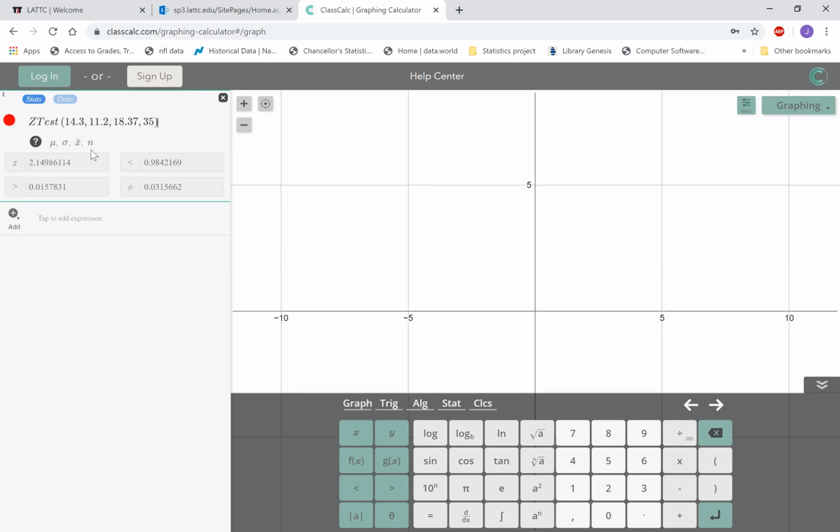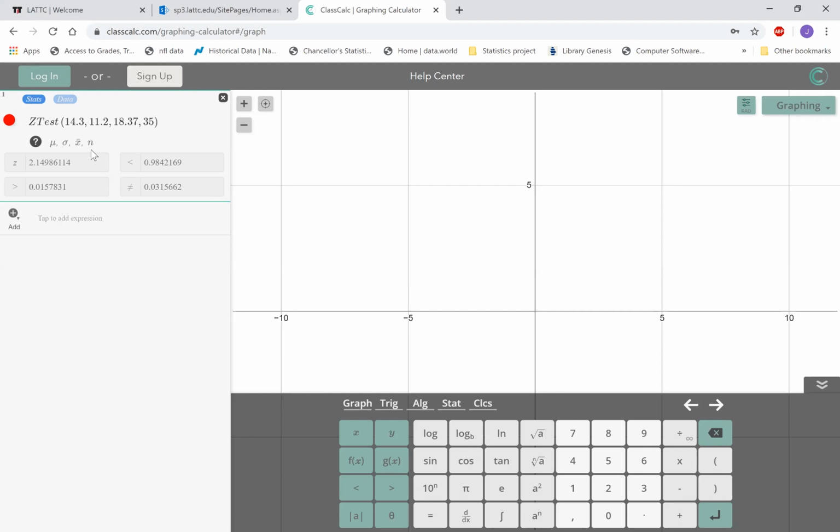All right, so let's see what we get for our z value. What does it tell us z is equal to? 2.15. Yeah, 2.15. It's telling us there's a big difference between what we thought it was and what our sample is telling us.